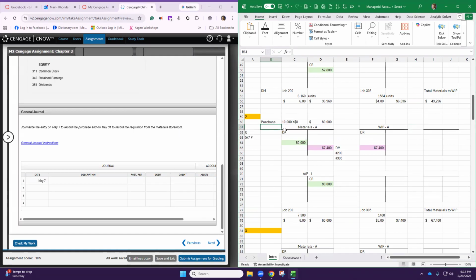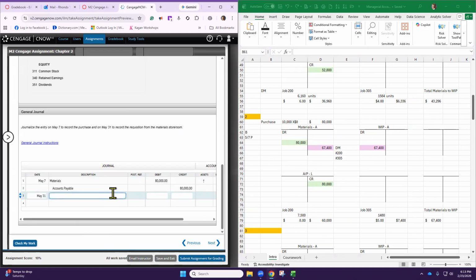Okay, so here's how we got our numbers. So materials gets a debit for the purchase of $80,000, and the credit goes into accounts payable because we didn't pay it right away. And then May 31st is when we were going to do the balance sheet.